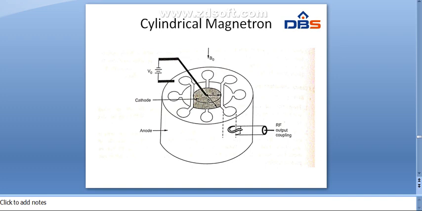Here the open space between cathode and anode is called the interaction space. In this space, the electric and magnetic fields interact with each other.